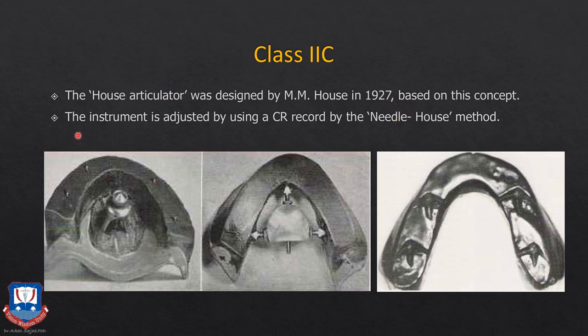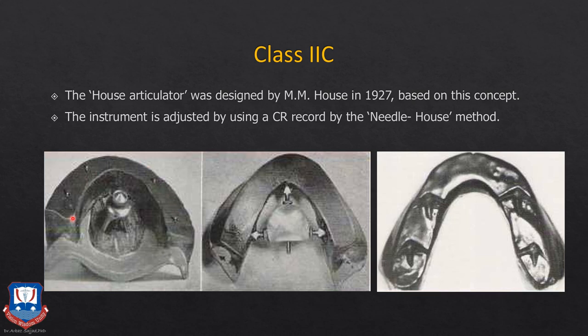So this articulator is similar to what we would call centric relationship records, that is dynamic records. As you would have known in the last lecture, on maxillomandibular relationship, we covered the Needle House method of recording the centric relation or the protrusive and retrusive motions.